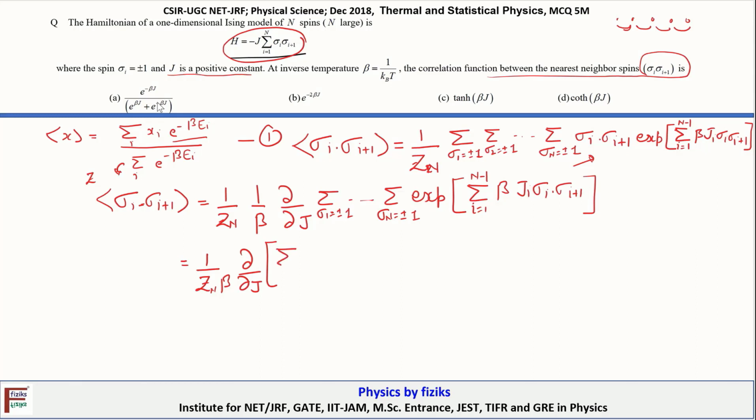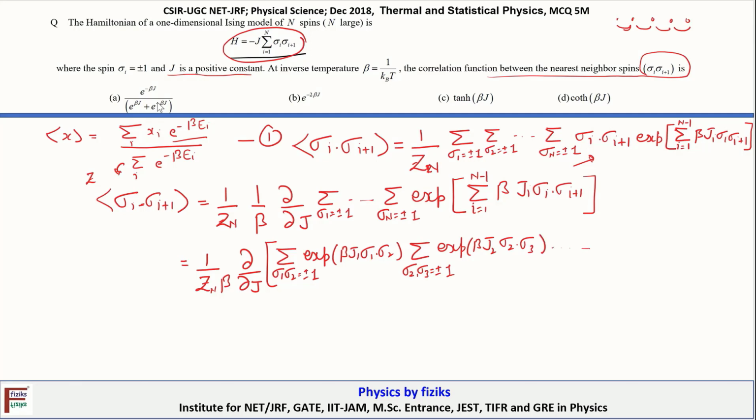So this is basically summation sigma 1, sigma 2 equal to plus minus 1, and this is exponential beta J1 sigma 1 dot sigma 2, and then the second term, it's the nearest neighbor interaction between the second spin and third spin, sigma 2, sigma 3 with value plus minus 1, and then the exponential term, exponential beta J2 and then sigma 2 dot sigma 3 and so on.